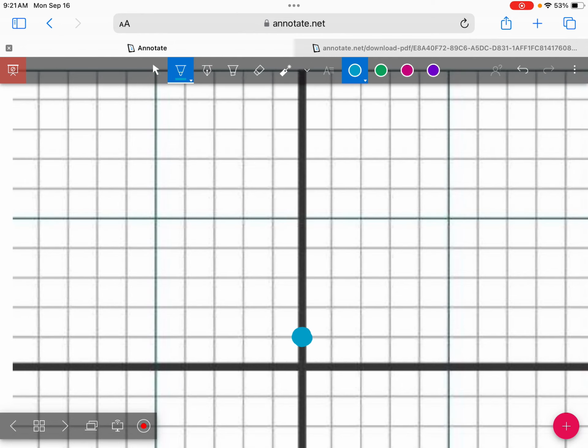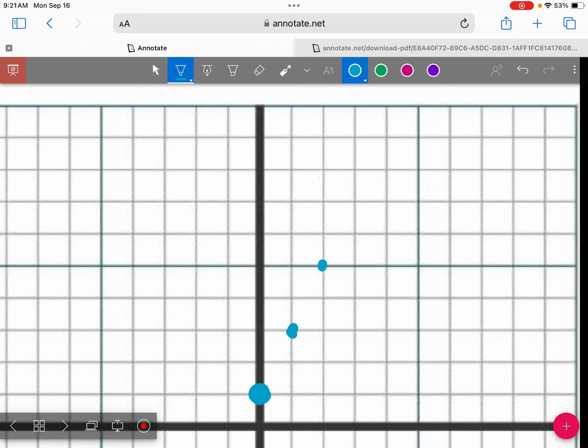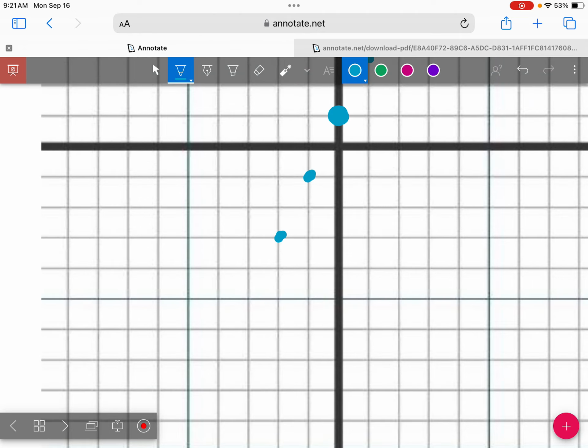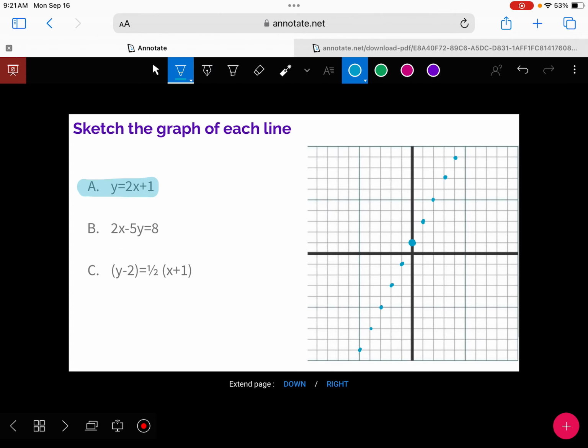Up 2, right 1. So this one's in our slope-intercept form. Or we can go down 2, left 1 and flip the sign on both. Should look like that.